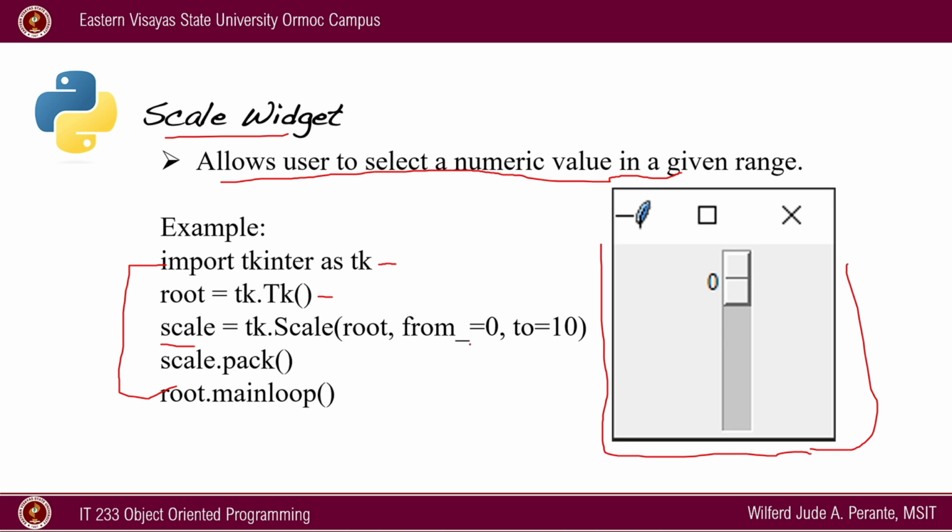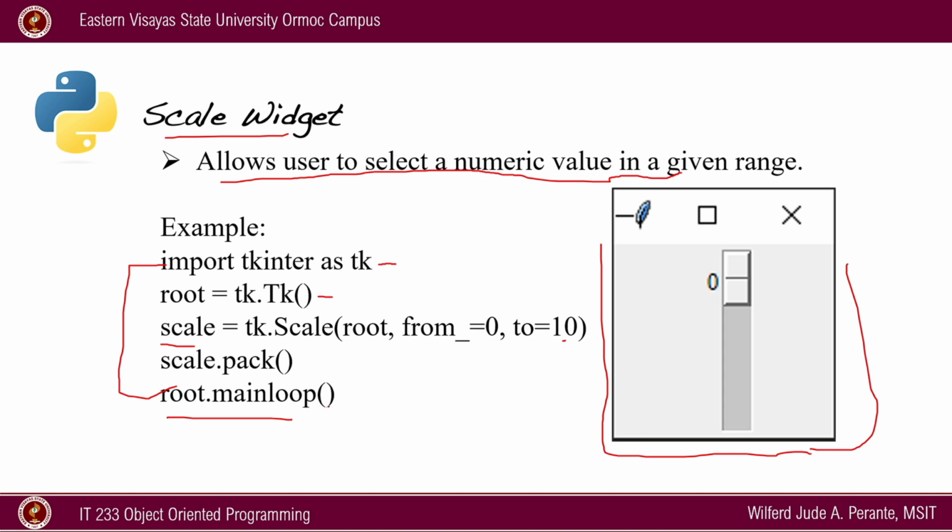So we are creating a scale widget with the range from 0 to 10. Okay. So while the scale pack adds the scale widget to the window and makes it visible. So now the root main loop is to start our TKinter application.